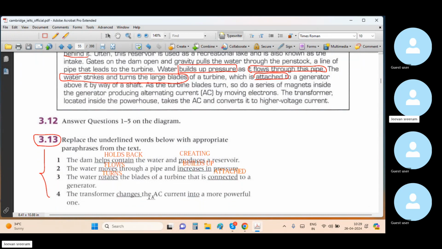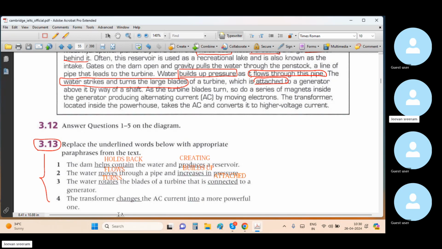The transformer changes the AC current into a more powerful one. So what do we have in the passage giving the same sense as changes into? Converts into. Yes, converts to.